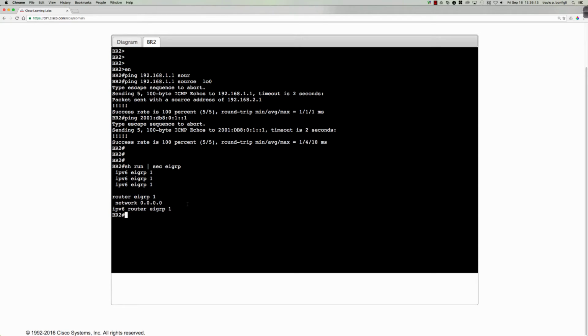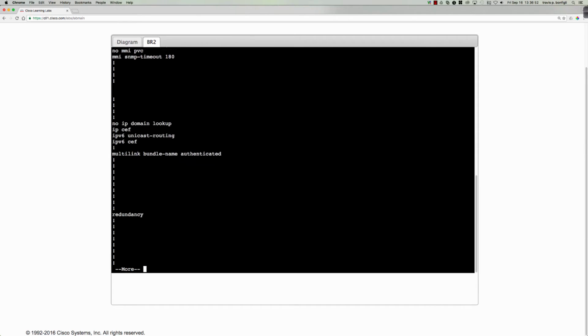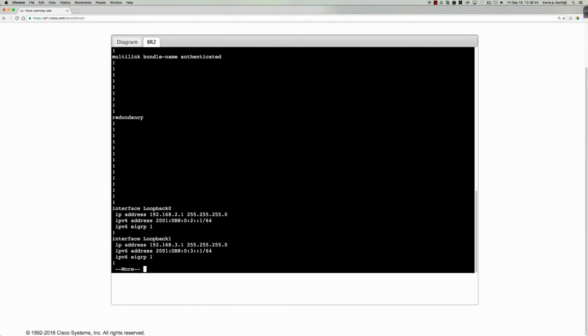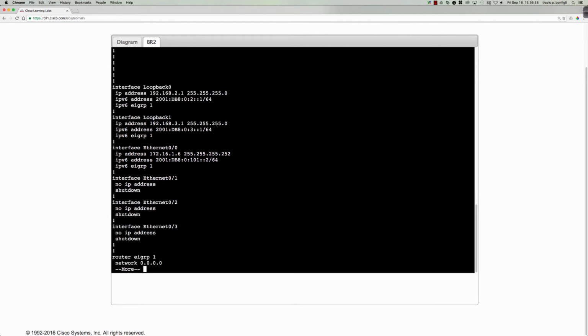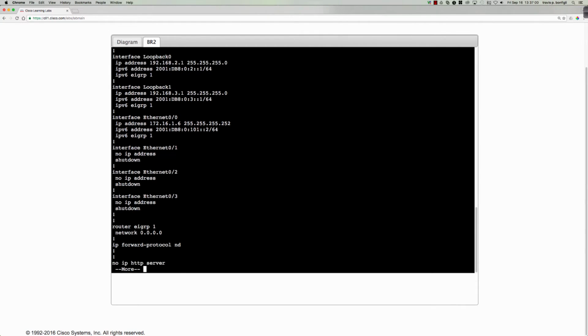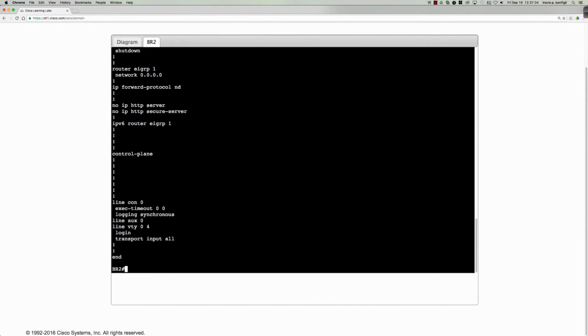So it's sort of discontiguous throughout the configuration, and it's even worse when you say show run, because instead of limiting it to what we're seeing, there's a command there, there's a command there, IPv6 EIGRP 1 there, and then we come down, there's the IPv4 stanza for EIGRP, and then the IPv6 stanza, which I went right by, is right there.